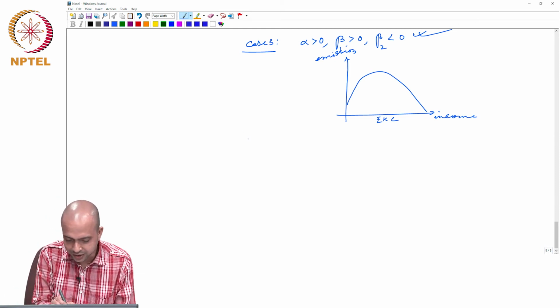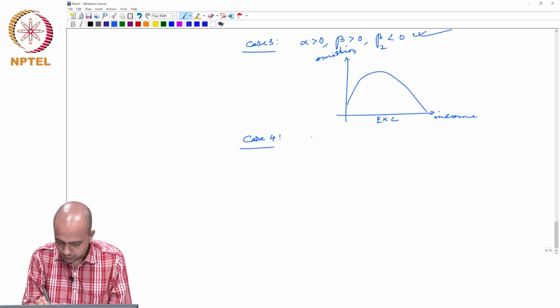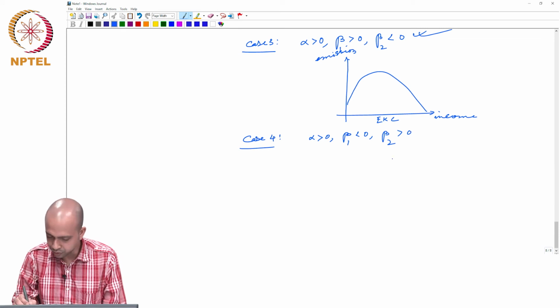We may get other cases like, let us say, case 4, where alpha is greater than 0, beta 1 is actually less than 0, but beta 2 is greater than 0. Then what will happen?